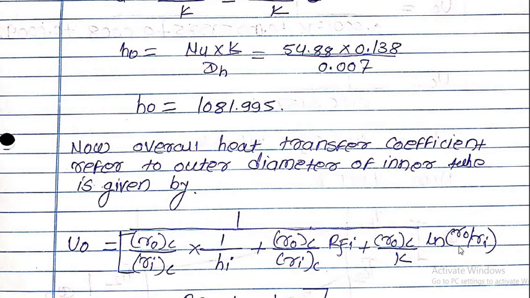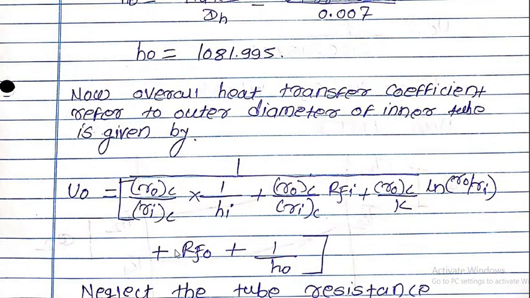So this is the thermal resistance for heat transfer through the tube, okay. And one term once again, plus RF0 is the fouling factor based on the outer surface, that is for the oil, plus 1 divided by H0. So this equation we need to consider.